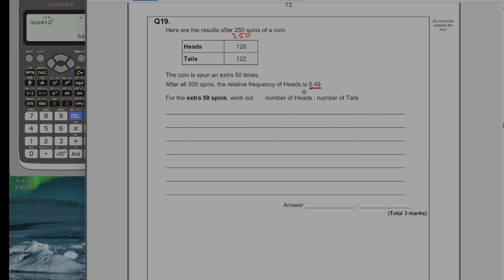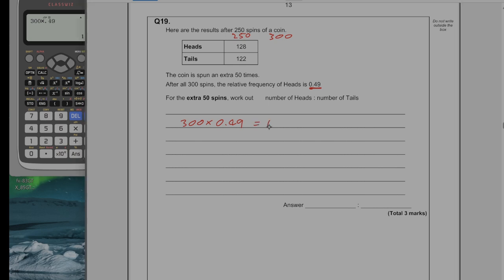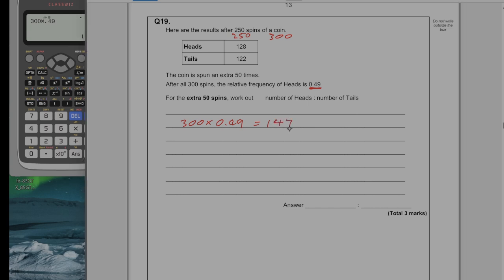If the relative frequency of heads after 300 is 0.49, we're going to work out what that value would be. So I want to do 300 times 0.49. So 300 times 0.49 gives me 147.